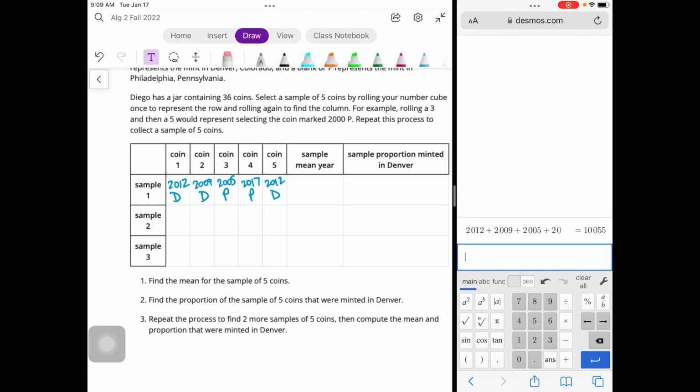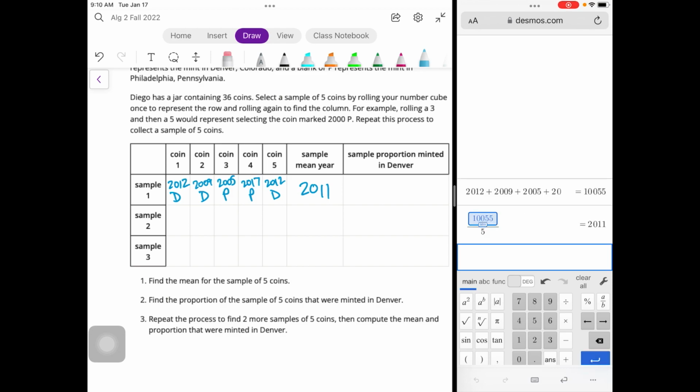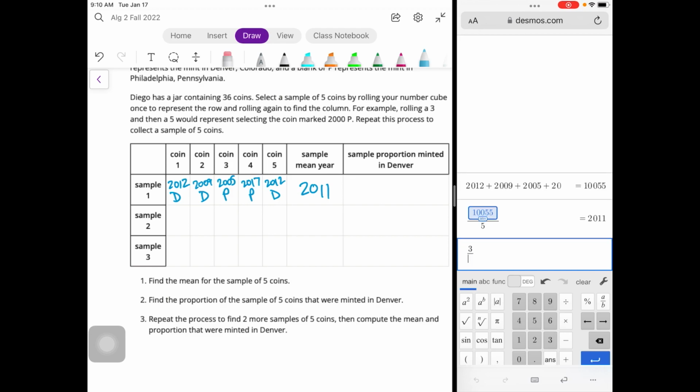And then we're going to divide that by 5. So 2011 is our sample mean. All right, and then the sample proportion minted in Denver. So we had 3 out of the 5, so 0.6. So 60% of them were minted in Denver.